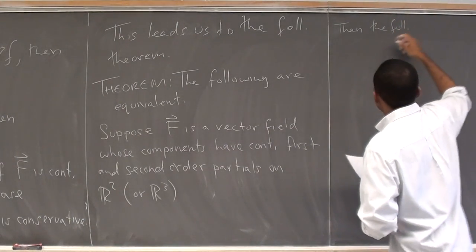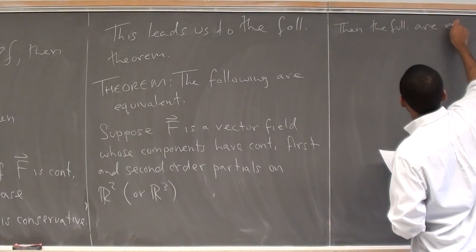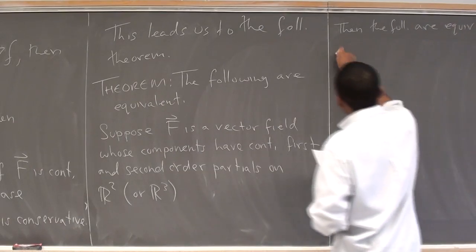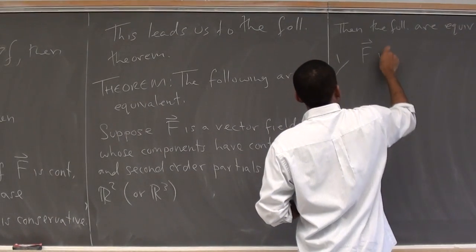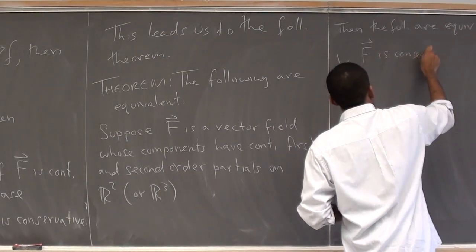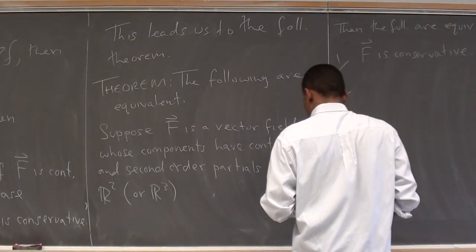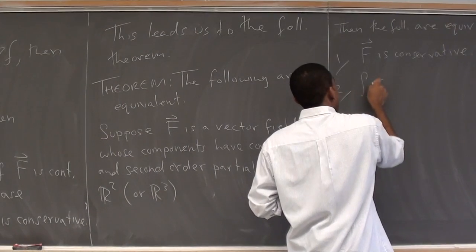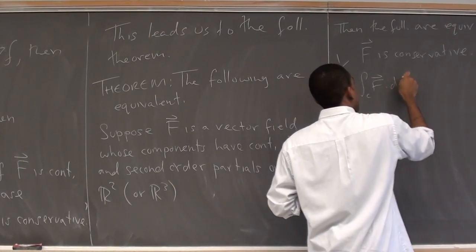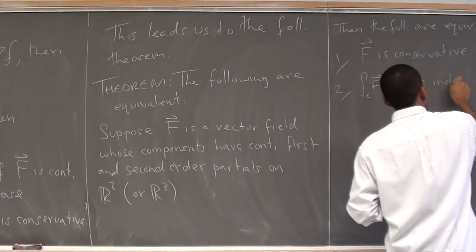Then the following are equivalent. 1, f is conservative. 2, the integral of f dot dr is independent of path.